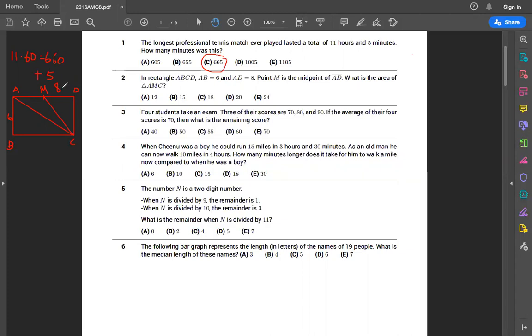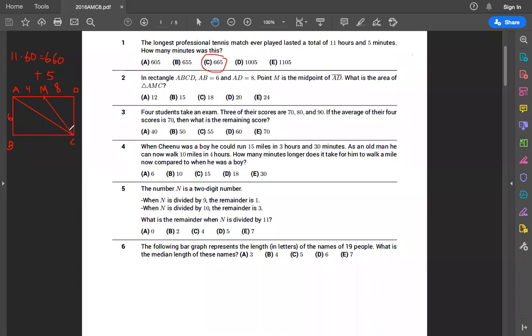And that works even when we have an obtuse triangle like this. We can use AM as our base. Since AD was 8, AM will be half that distance. Since M is the midpoint, it'll split AD into 2 equal parts. So remember, this 8 is the entire AD, this 4 is AM.